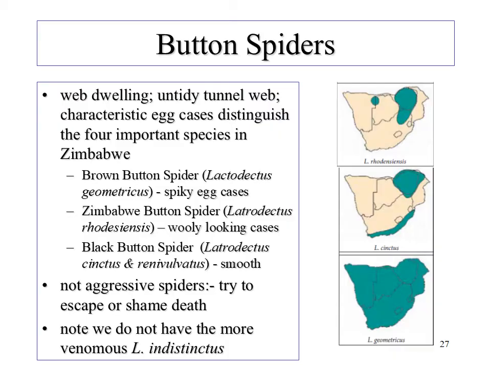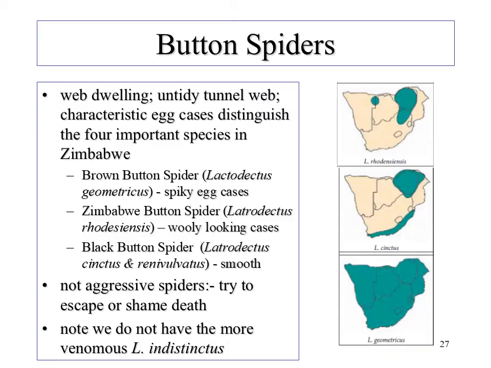The brown button spiders are the first two which are here. The brown button spider, Latrodectus, spelled wrongly here, so it's Latrodectus, correct that. Geometricus, which has got spiky egg cases, and we shall see the spiky egg cases.